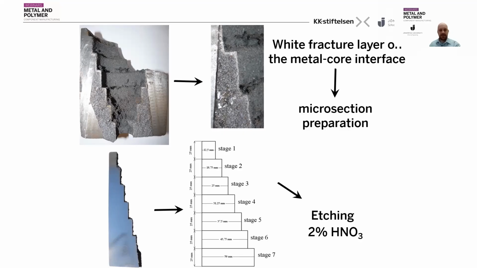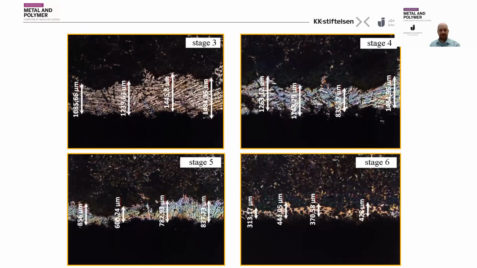And then we made some etching. Next. And we used an optical microscope to measure the thickness of this white fracture layer stage by stage. Here in the picture, you see stage 3, 4, 5, and 6, so the middle part of the casting.